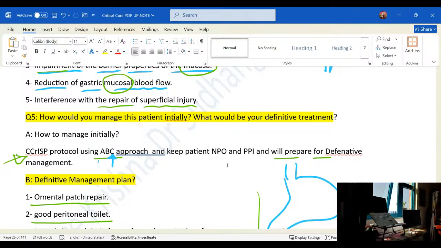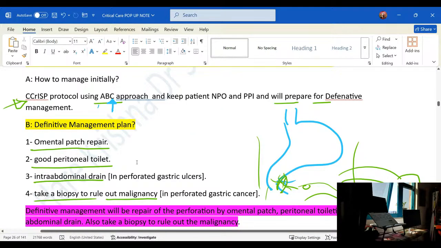That will be omental patch repair, good peritoneal toilet, and intra-abdominal drain.